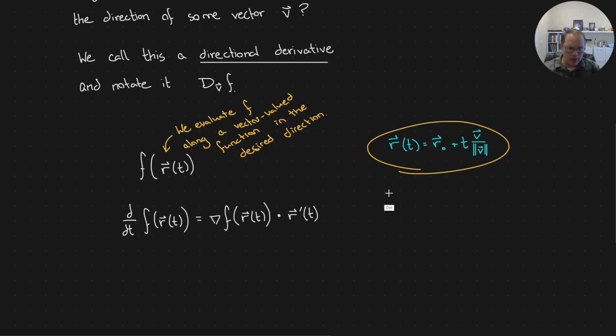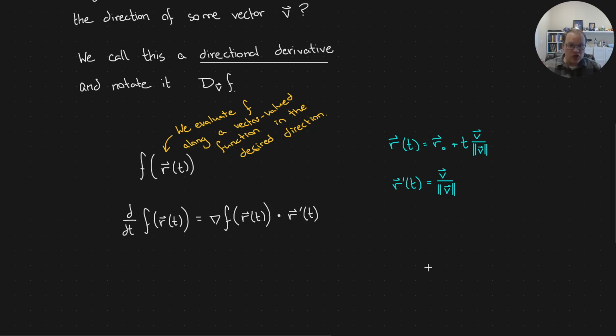All right, so let's plug in what we know. We have r of t right here. We're going to need r prime of t, so let's calculate that. r naught is a vector, but just a constant vector, so when I take the derivative, it'll just go to 0. t times v over norm of v: t is my variable, and v over norm of v is just a constant vector. So the derivative of t is just 1, and I just get the constant, vector v over norm of v.